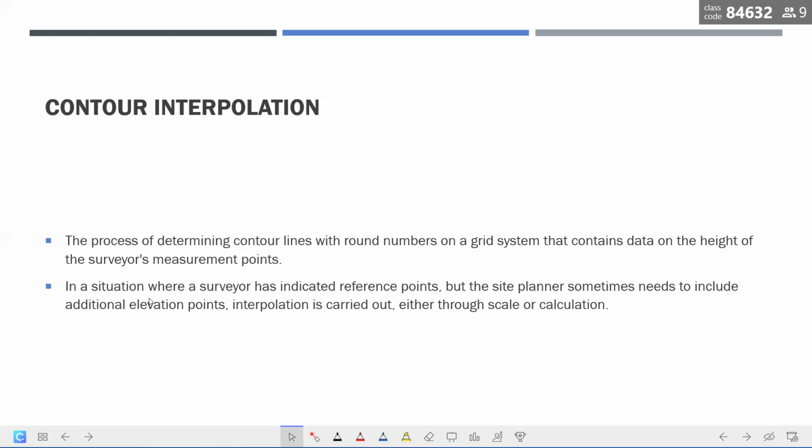So between, let's say, 15 and 20, you might need more detailed data because you're working on something between those two heights. So you might need to interpolate: determine the physical distance between the two contour lines, and then scale down in the middle, between these two lines at the exact center.